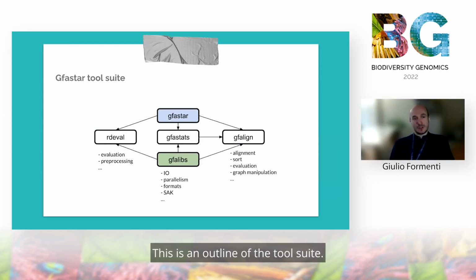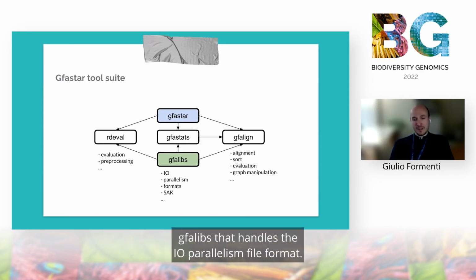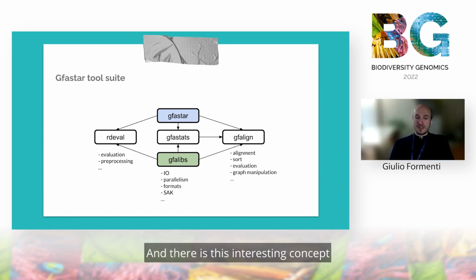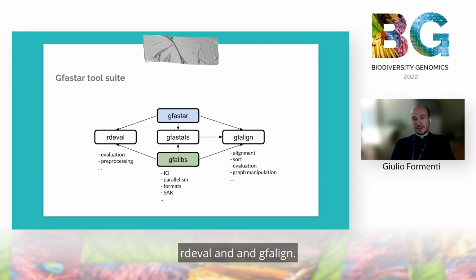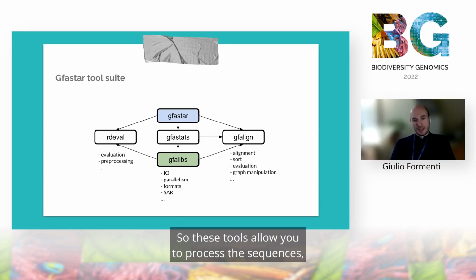This is an outline of the tool suite. So we have a general purpose library, gfalibs, that handles the I/O, parallelism, and file formats, and there is this interesting concept of a Swiss Army knife, the SAK, that essentially takes care of the manipulation that I was mentioning before. Then we have a set of other tools, namely gfastats, rdeval, and gfalign. These tools allow you to process the sequences, the assemblies, but also the reads, and the alignments.